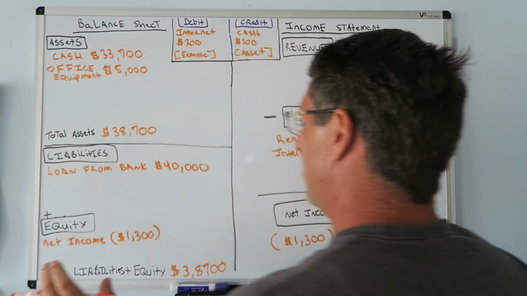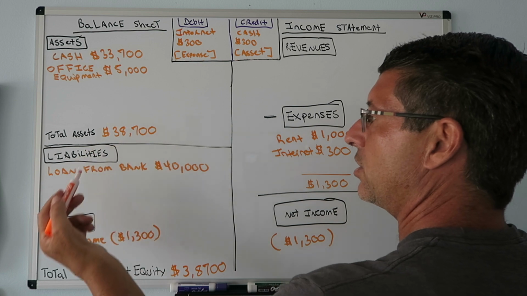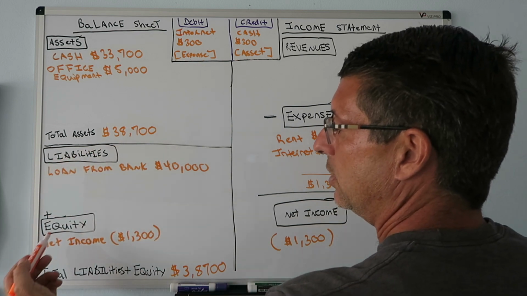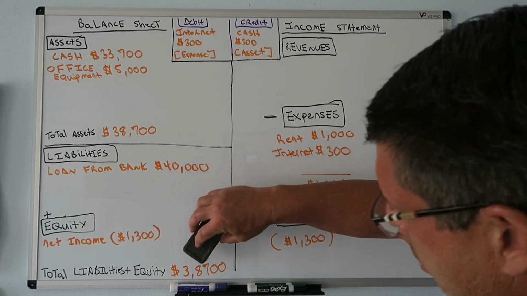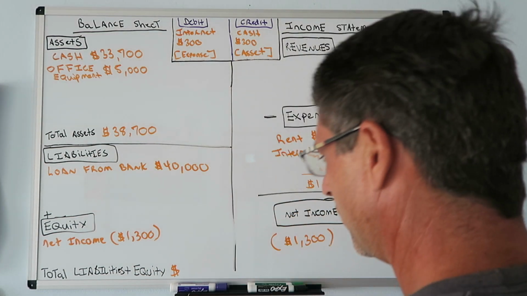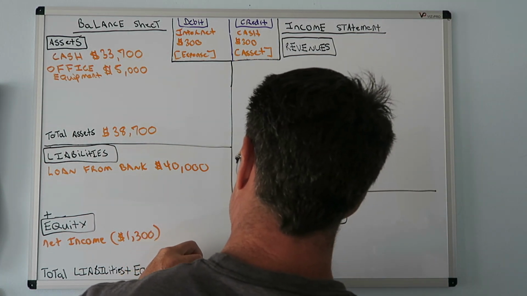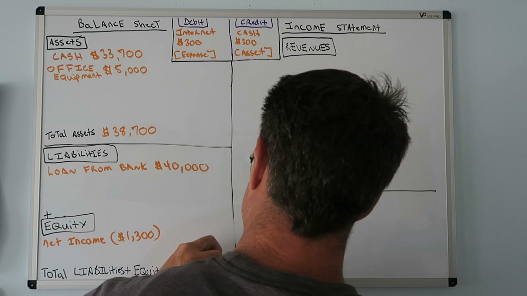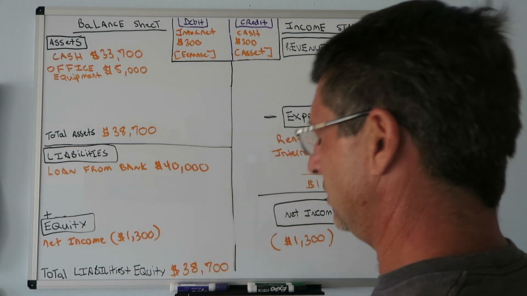Does that equal total liabilities and equity? Whoa! That's why you always gotta check. Sorry. $38,700. Sorry about that. Yes, that matches.